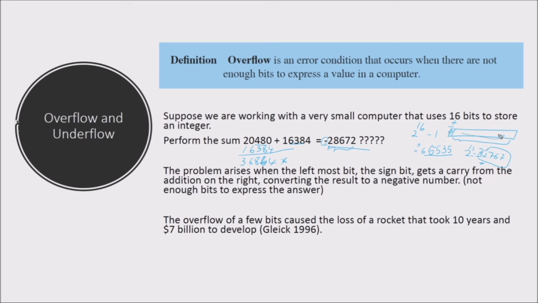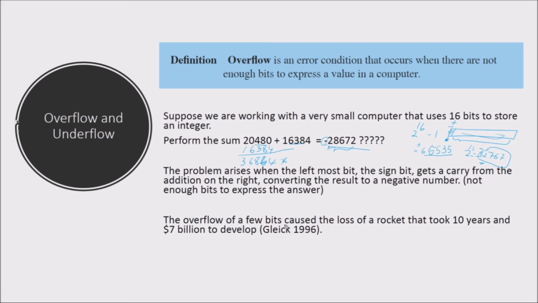You need more space to store that value, but you don't have it, so it writes right here, and when you write it there, it changes the sign. If you have the wrong sign, you get a wrong value. This error we call an overflow error, and that's what they're talking about here.